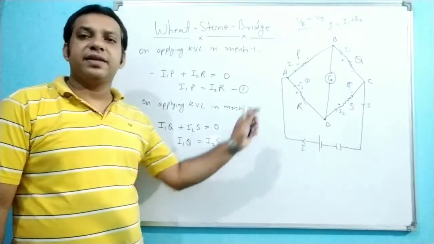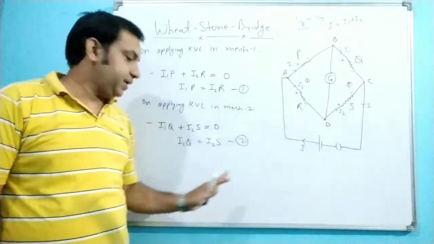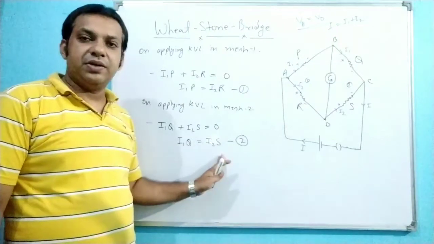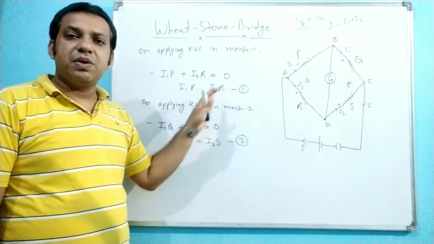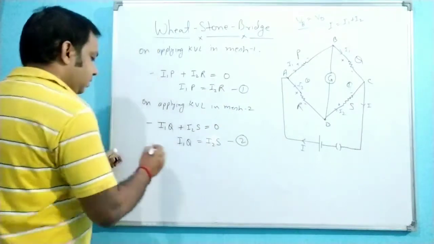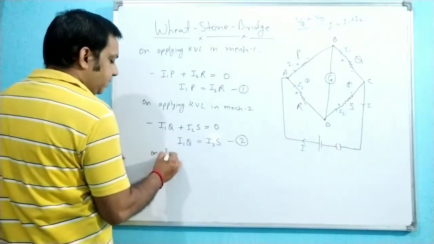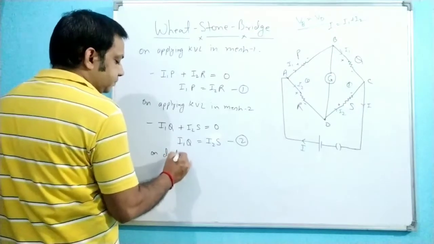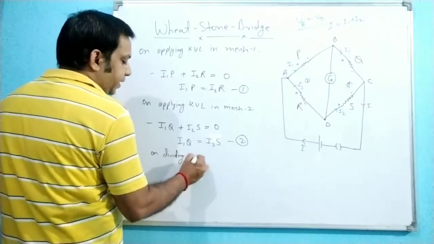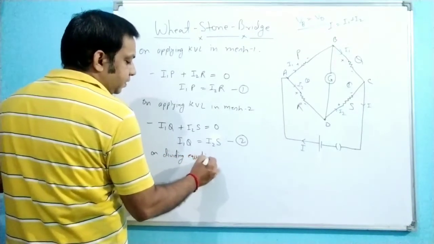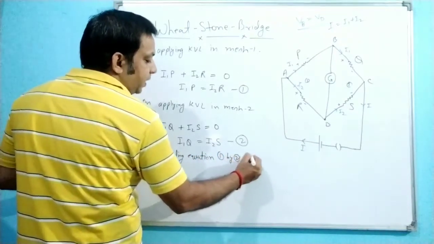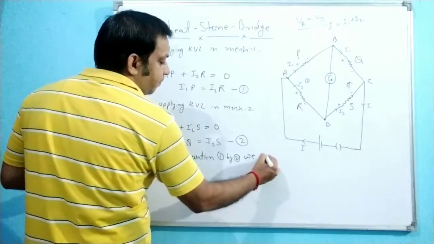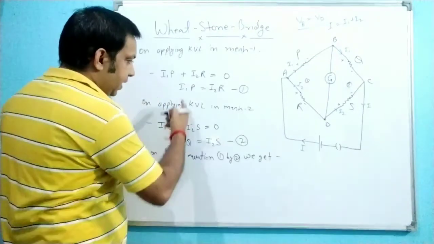So when you are applying the KVL in the second mesh, you are getting I1Q is equal to I2 into S. Now see the equation number 1 and 2. I am dividing equation number 1 by 2. On dividing equation 1 by 2, we get I1P and I1Q.